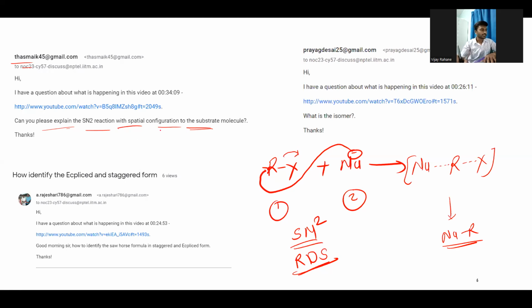And if you look at the stereochemical aspect of the SN2 reaction, then I'll just draw a simple example. Let's say this is the carbon atom and it has 2 bonds in the plane. Let's say this is A and this is B. Also, it has a bond D which is on the back side.